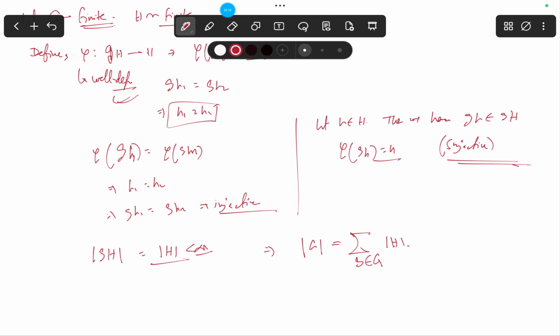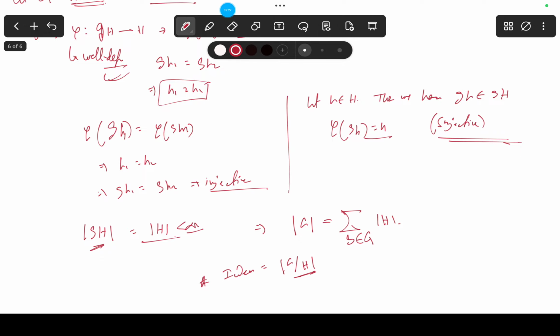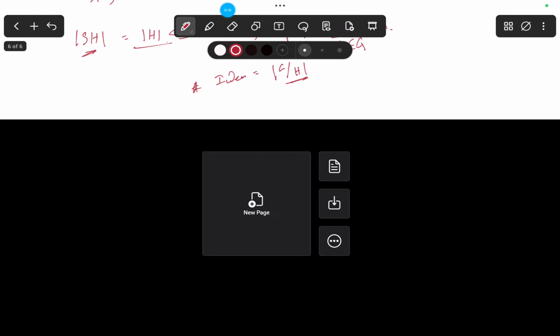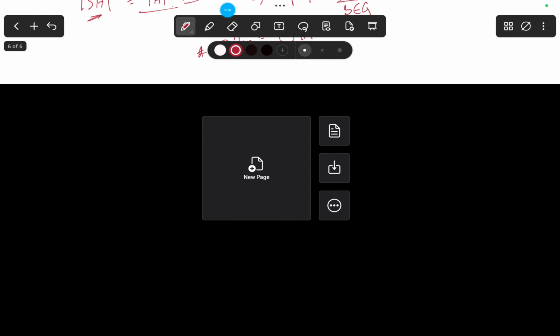So basically the index, the number of cosets gH, is basically the number of equivalence classes, which is basically the cardinality of G over H, right? So it is basically the number of equivalence classes.